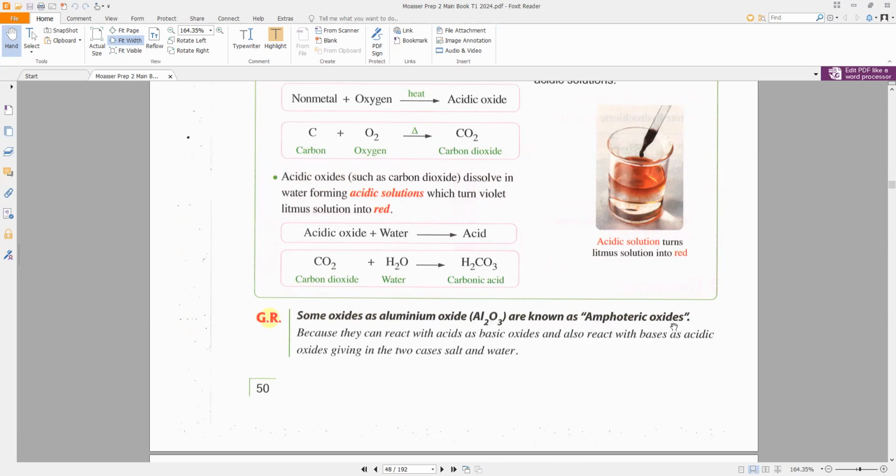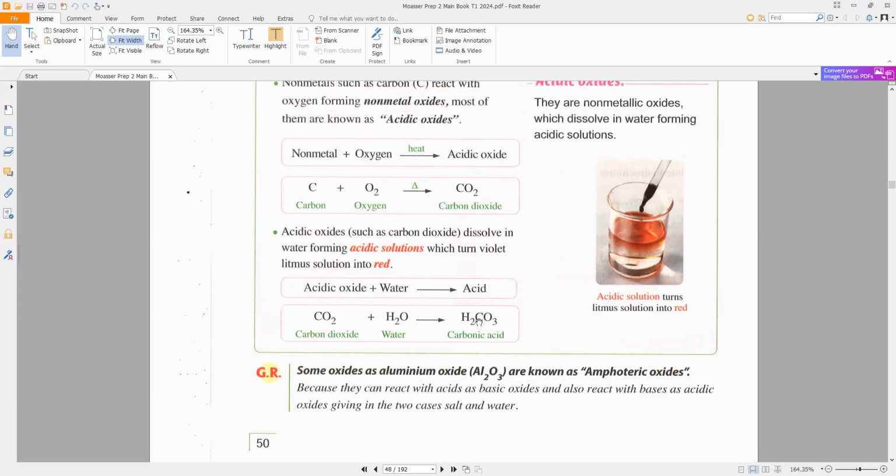Why is it called amphoteric oxide? Because it reacts with acid as a base and reacts with base as an acidic oxide, giving in each case salt. So aluminum can react as a base and acid, so it's called amphoteric.